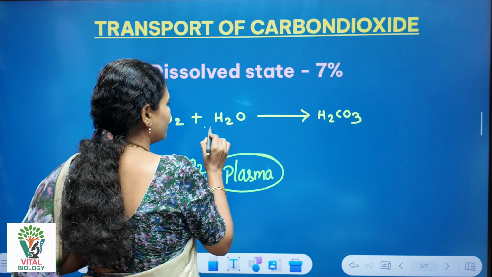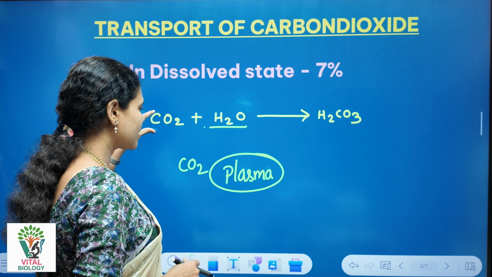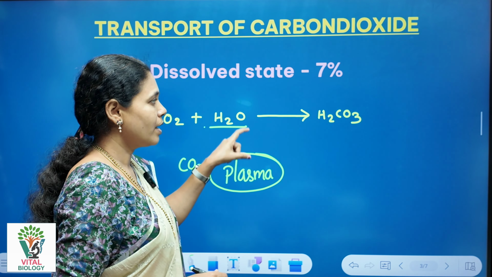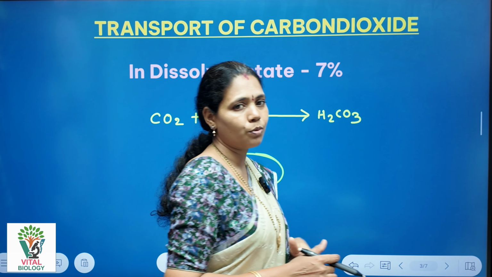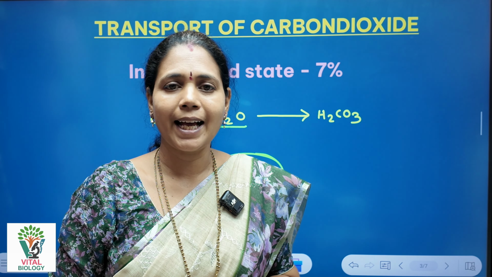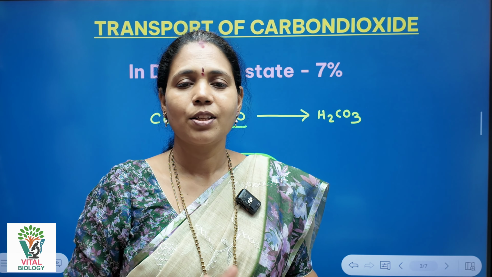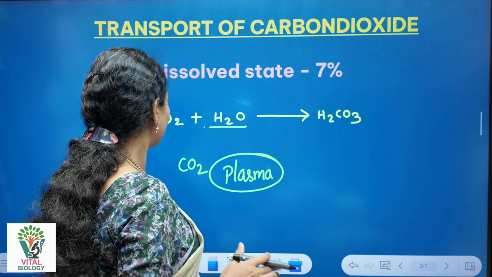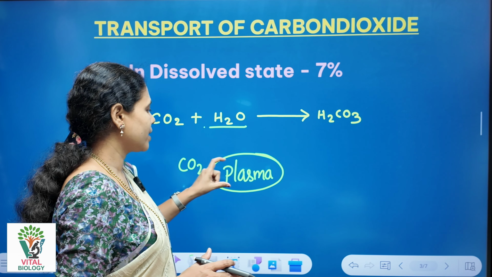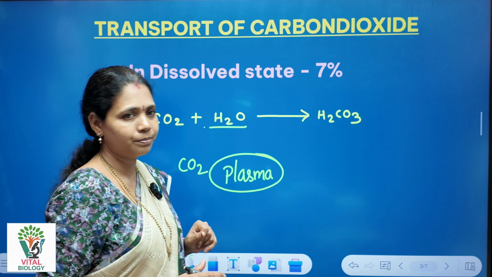Dissolves means yes, easily it can bind with the water. So here you can see carbon dioxide binds with water and forms H2CO3. That is carbonic acid. H2CO3 is a carbonic acid. So this is how the 7% of the carbon dioxide moves up to the lungs in this dissolved state.